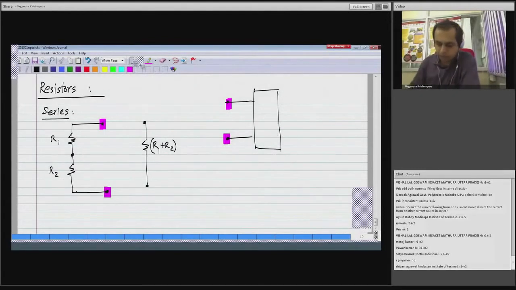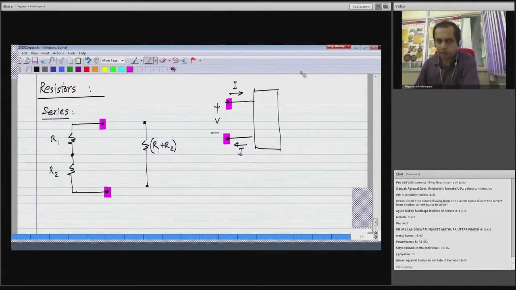The only thing you can do is to find the IV characteristic. You define I and V correctly, V with plus on top and I going into the upper terminal. Obviously, the same I will come out of the lower terminal because there is no net charge accumulation inside this element. So, you have to determine the IV characteristics, and that will tell you what this element is, what it behaves like, and so on.